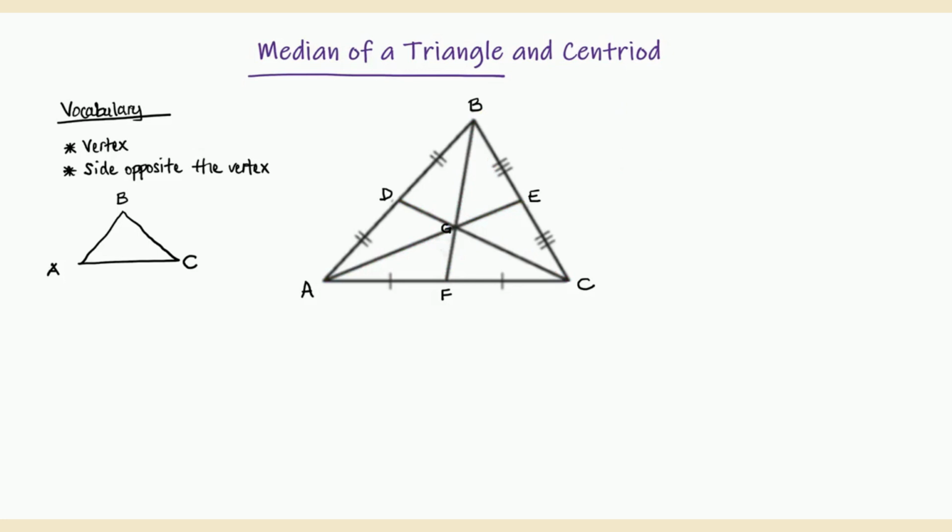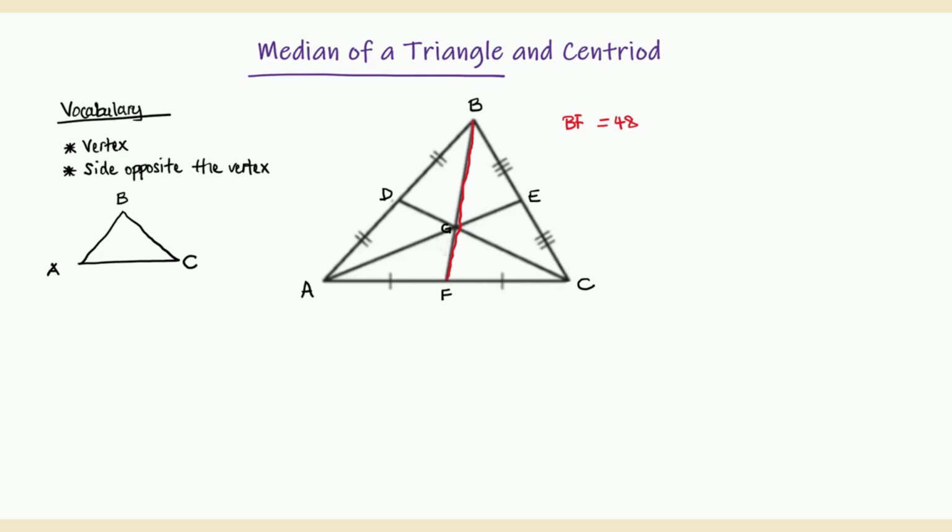So let's take our first example. Let's say that the length of BF is 48. So that means the full length of this median measures 48.